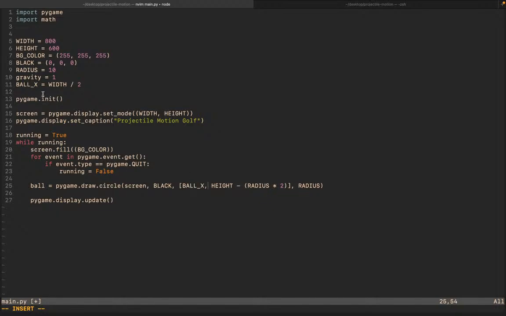And obviously not ball x, I really need to change the ball y through gravity. So I obviously need to define ball y. So ball y is going to be equal to just the equation that we wrote, which is height minus radius times 2.